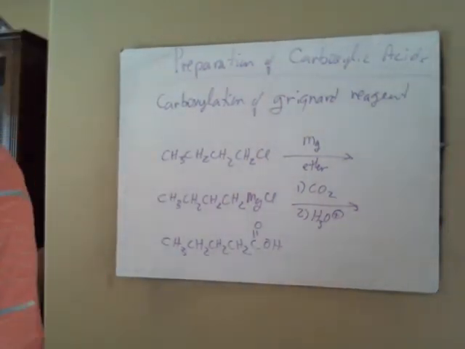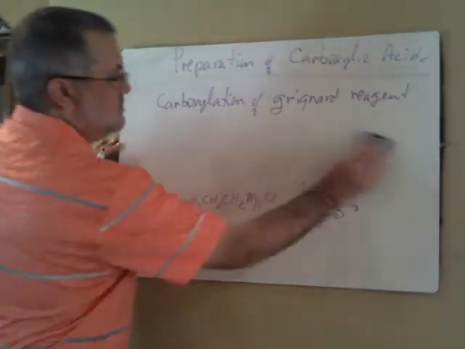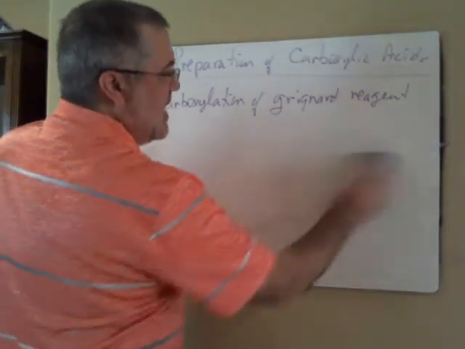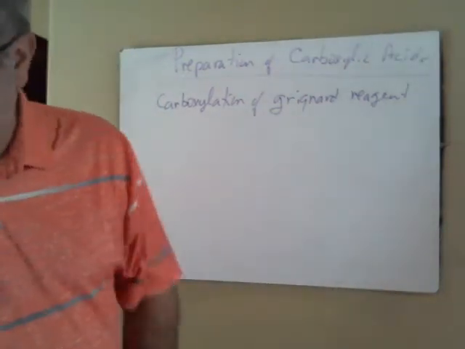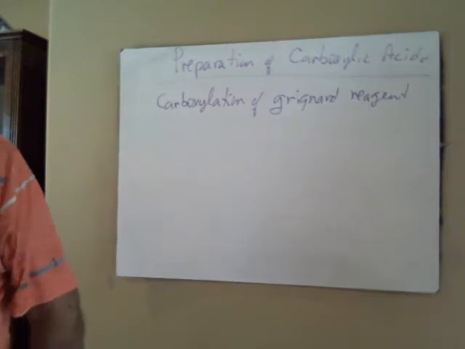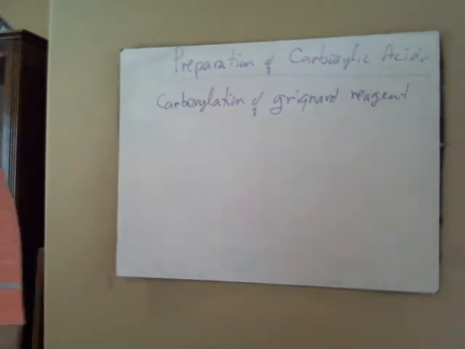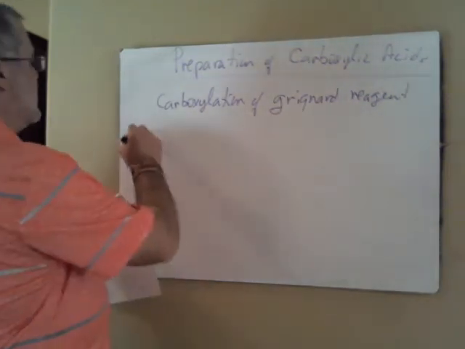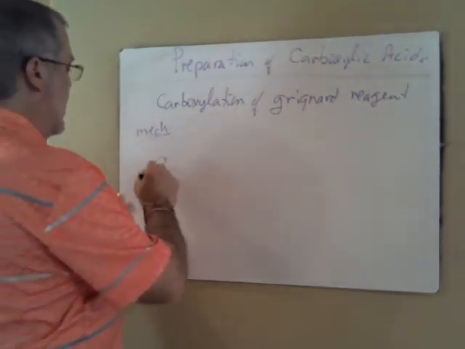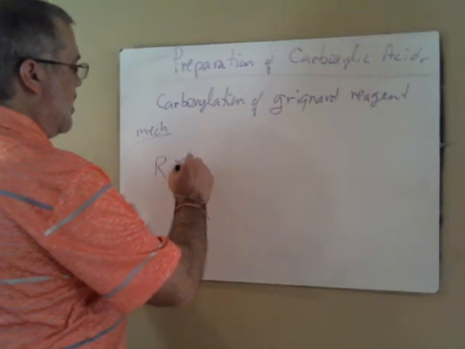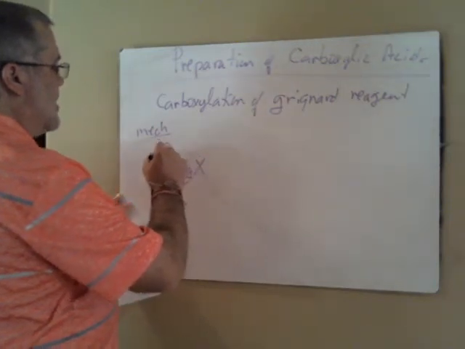Okay, mechanistically, how is this working? Well, by now, we've really learned all the mechanisms. It's just applying them to those situations. I mean, I don't want to insult you by showing you something that you can probably figure out. So let's just work through it. You have a Grignard, and let's just use the generic form.